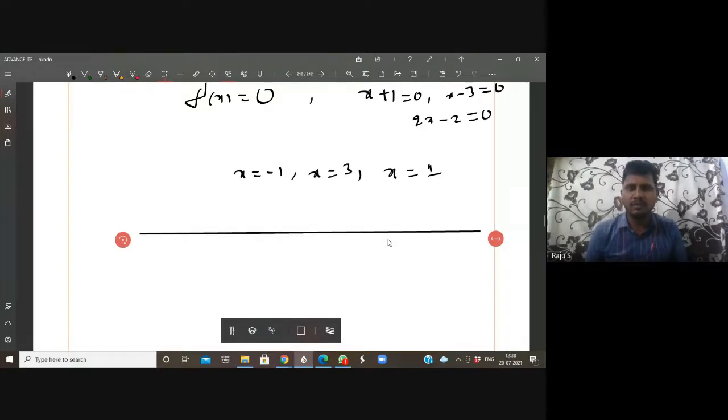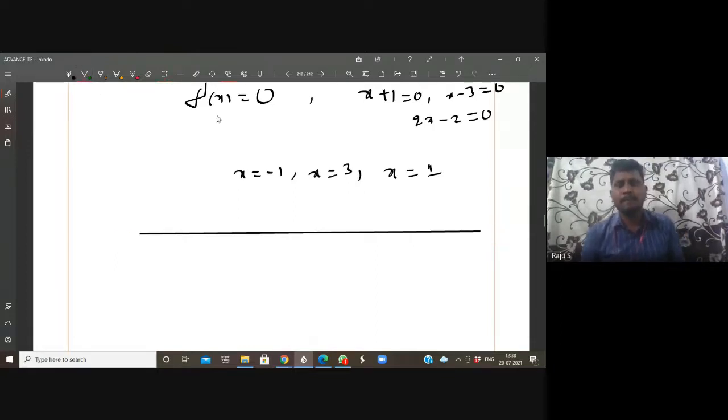What are the points we got here? x equal to minus 1, 3 and 1. Minus 1, 1, and 3. Where is it increasing, where is it decreasing? Can we say directly?